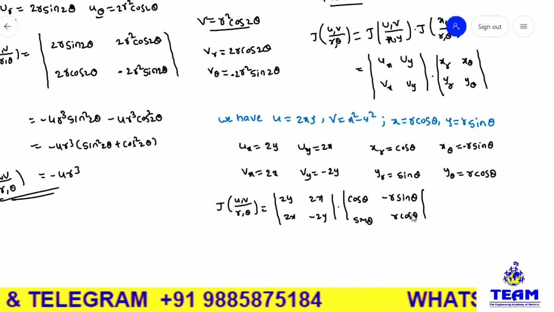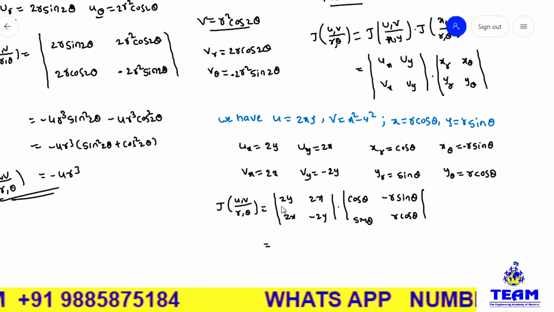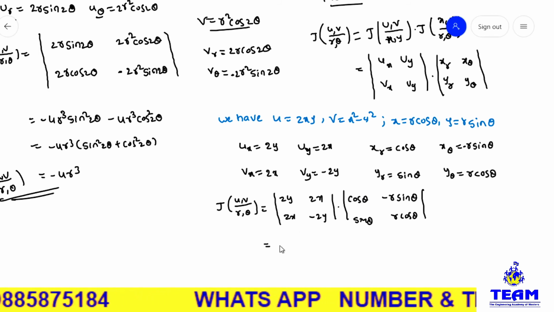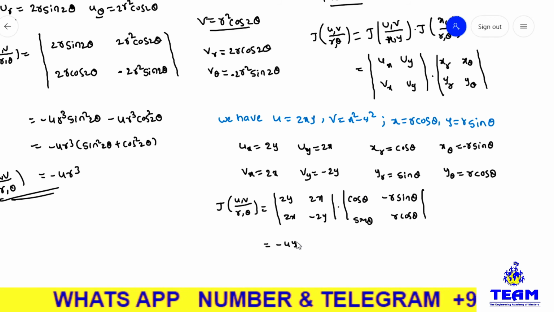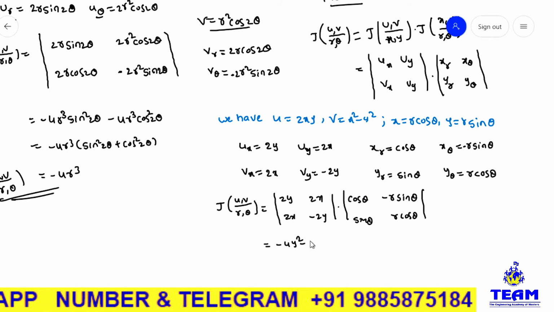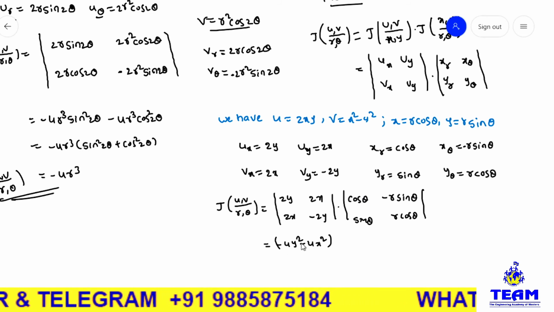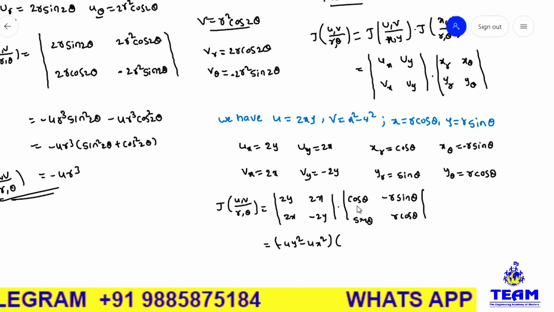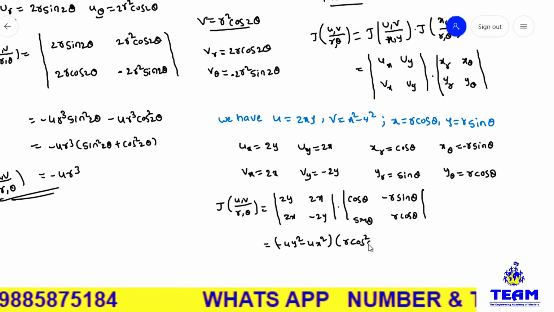Now I need to find the determinant, and later I have to do the simplification. Now 2 into minus 2 gives minus 4y into y square, and next, ad minus bc, 2 into 2 is 4, x into x square. Give a bracket for this later. Here cos theta into r cos theta is r cos square theta.